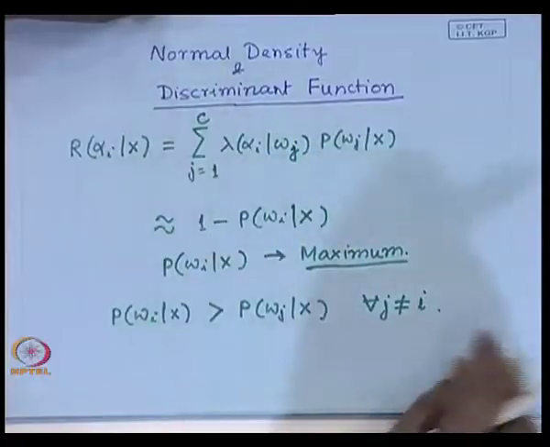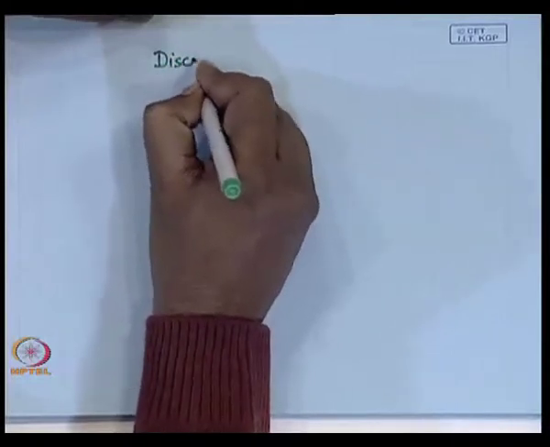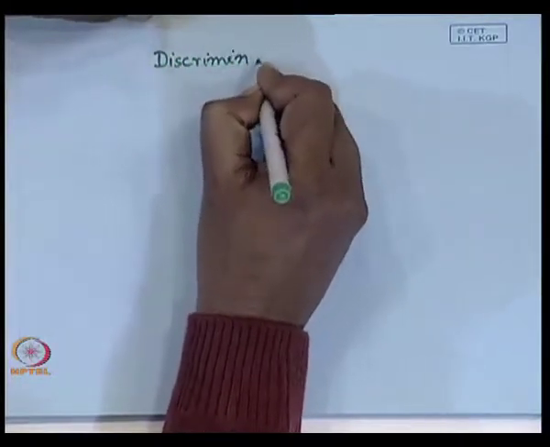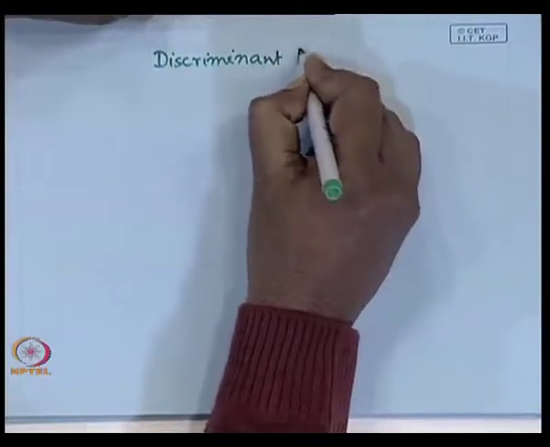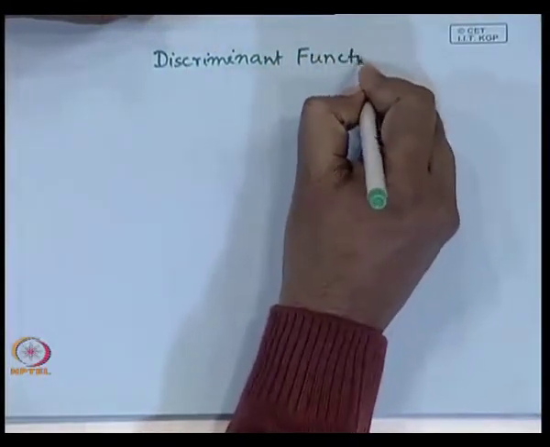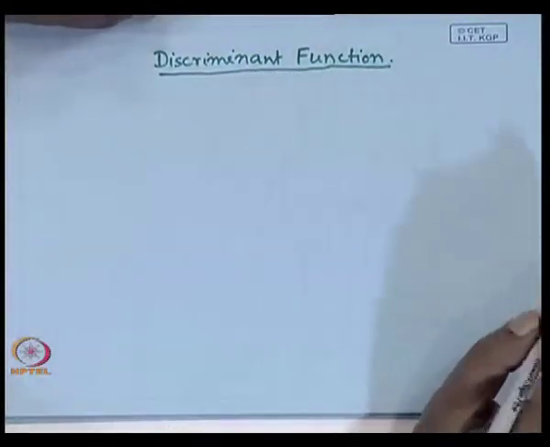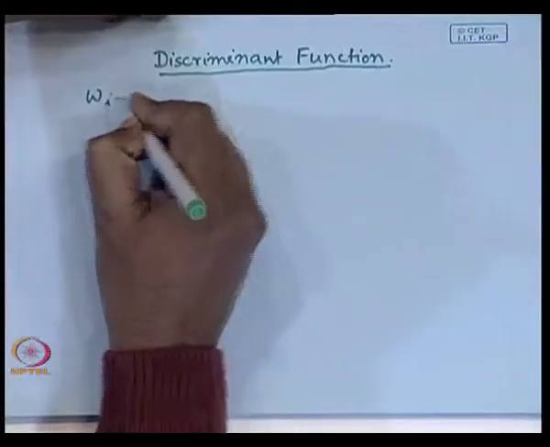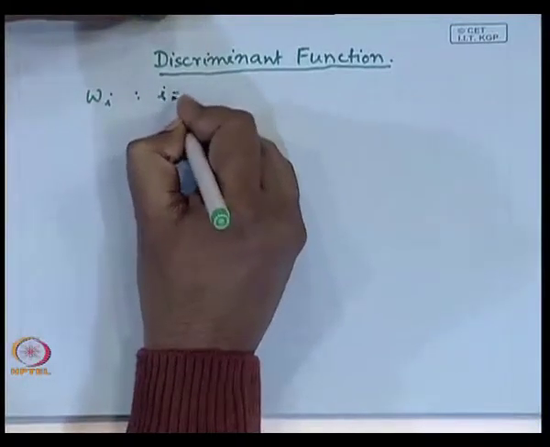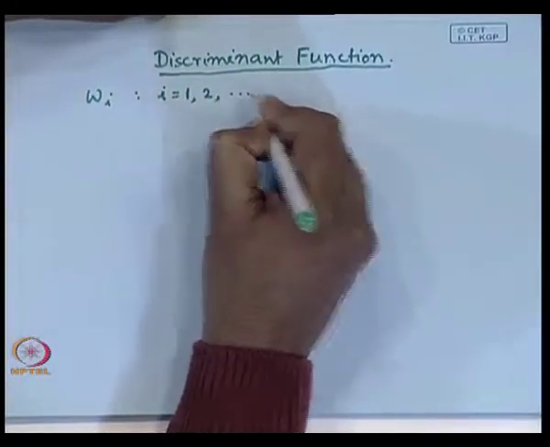Okay. Then we have talked about the discriminant functions. So, there what we said is for every class I or every omega I, for I varying from 1 to c, as we are considering a generalized case, as if we have c number of classes.